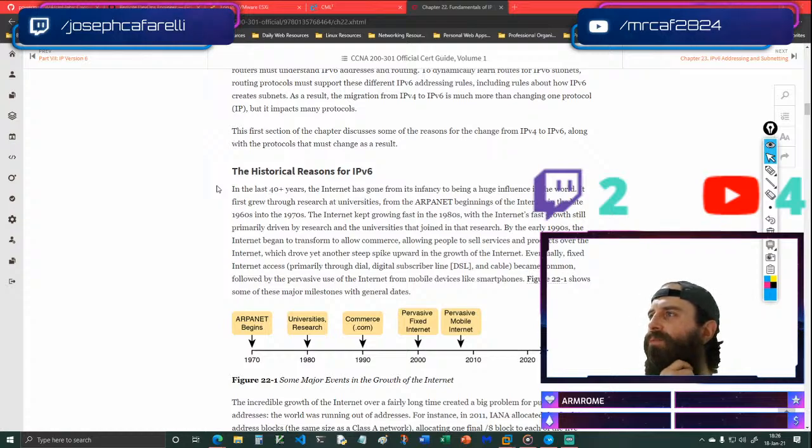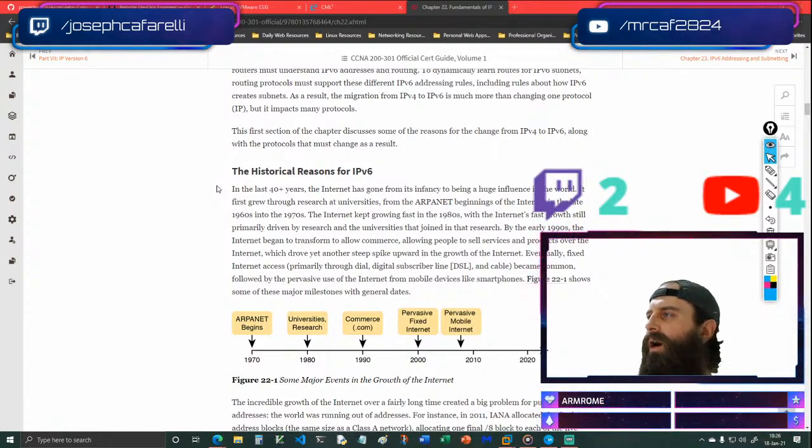The internet kept growing fast in the 1980s, still primarily driven by research and the universities that joined in that research. By the early 1990s, the internet began to transform, allowing commerce, allowing people to sell services and products over the internet, which drove yet another steep spike upward in the growth of the internet.